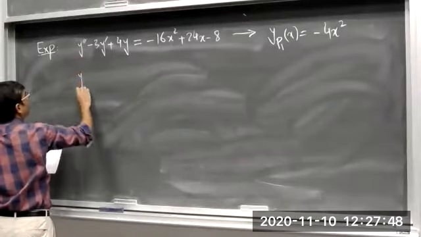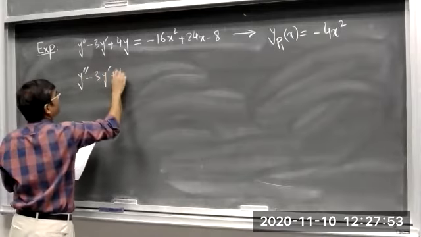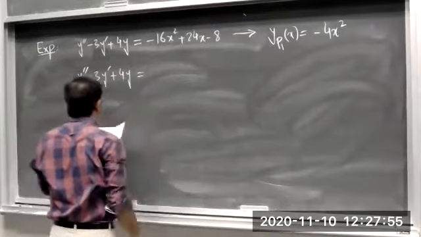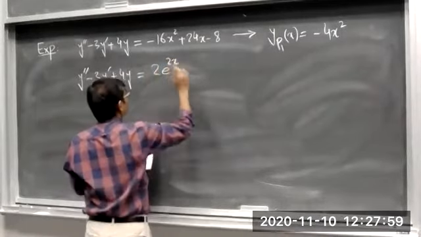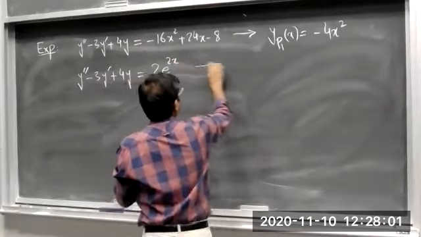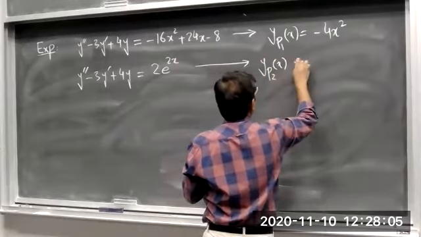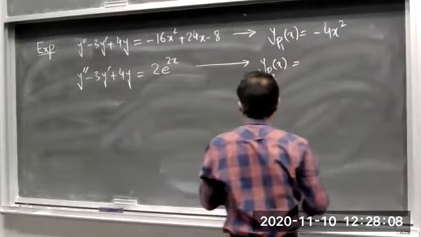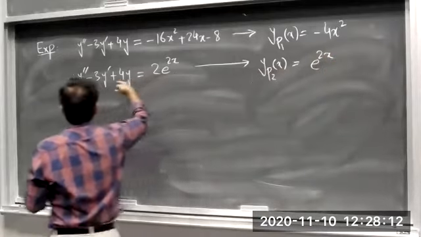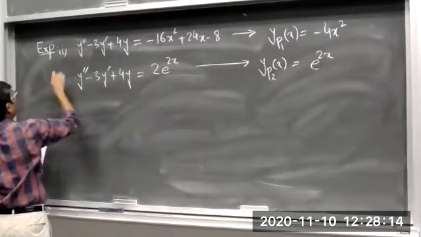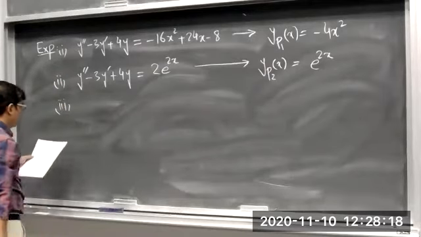Consider another with the same left-hand side. Left-hand side remains same. Another differential equation with the right-hand side now changes, this one. In this case, y_{p2} of x means another particular solution is what? It is e raised to the power 2x. You can also verify that this is the solution of this. This is 1, this is 2, and this is 3.